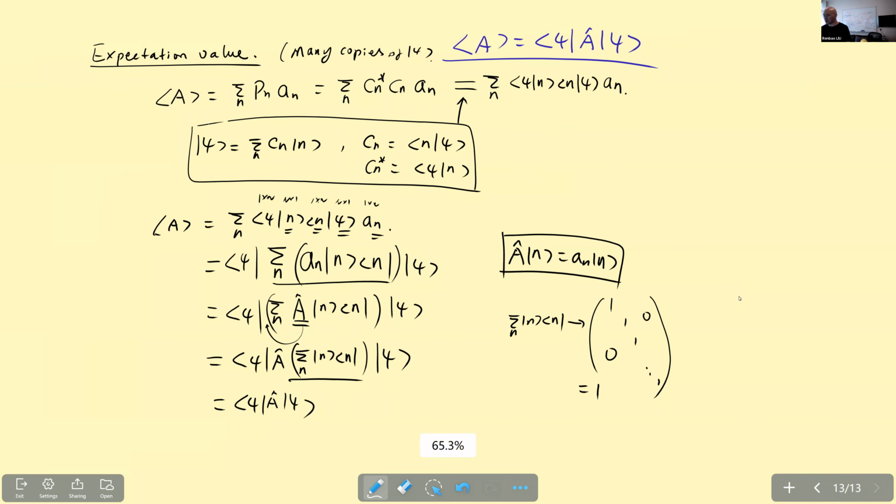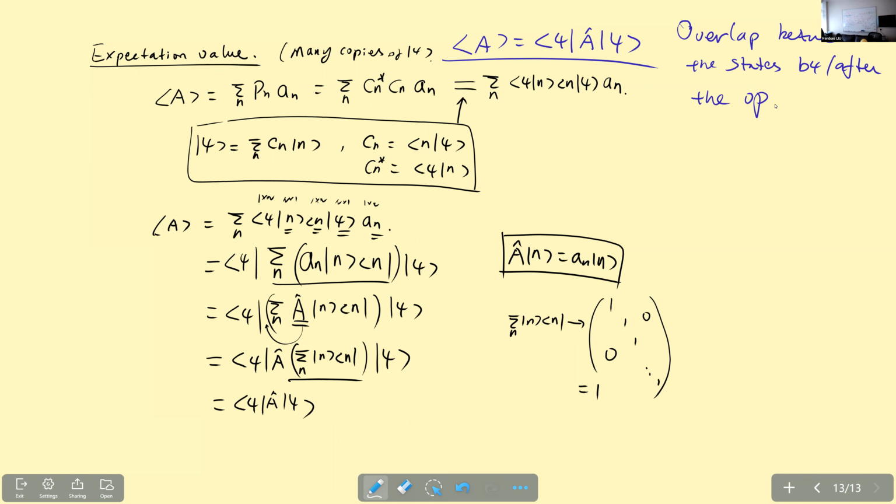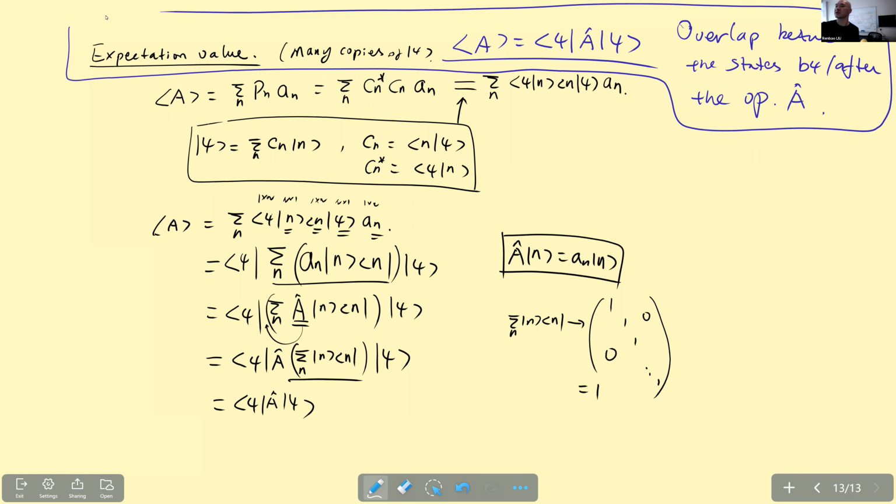Otherwise, you got a small amplitude, you got 0, for example. So it becomes the overlap between the states before and after the operation. So that gives us the expectation value.